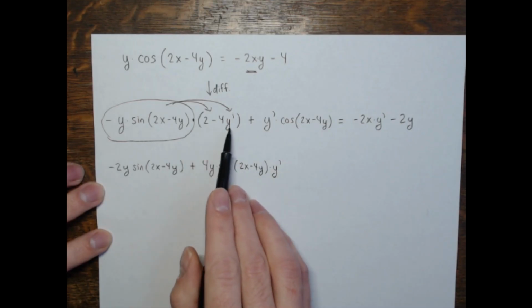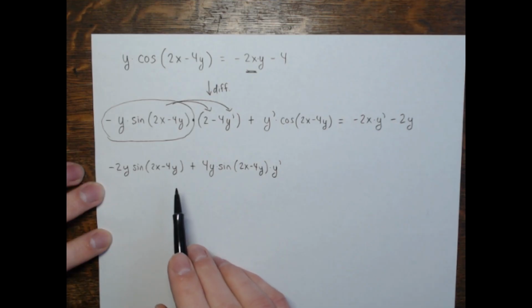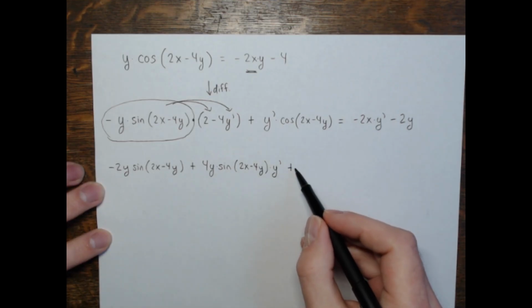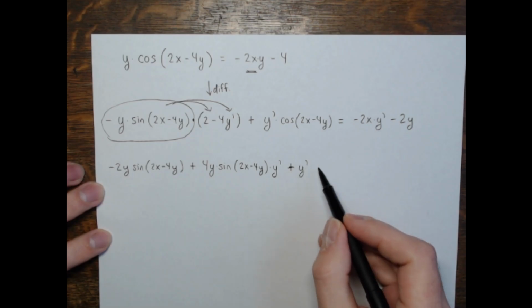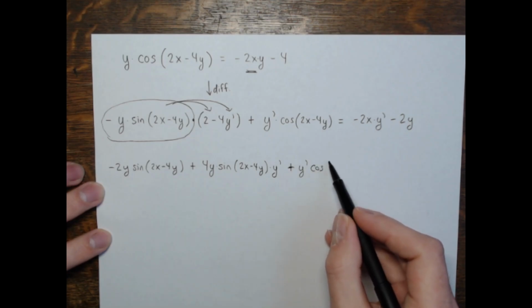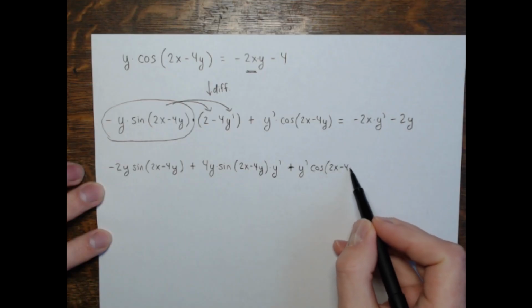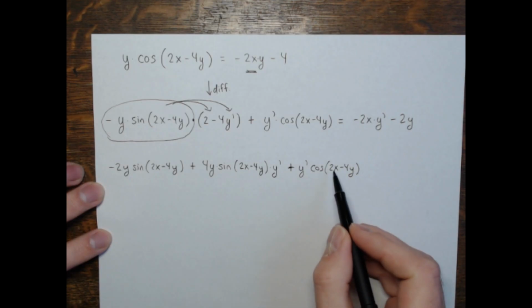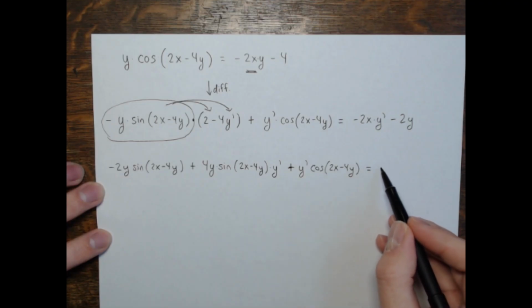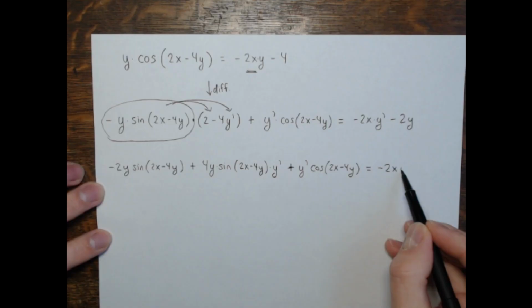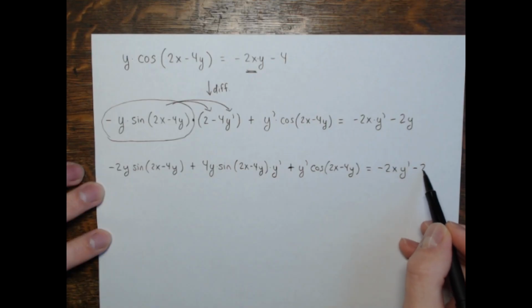Yeah, that gets rid of the parentheses around my y prime term. And then the rest of it's still the same, plus y prime times the cosine of 2x minus 4y. So that finishes off the left side, equals -2x times y prime minus 2y.